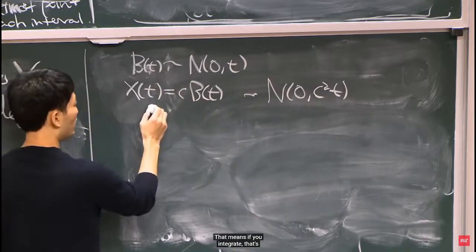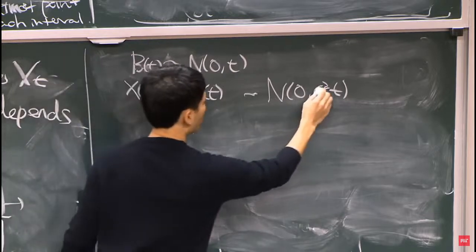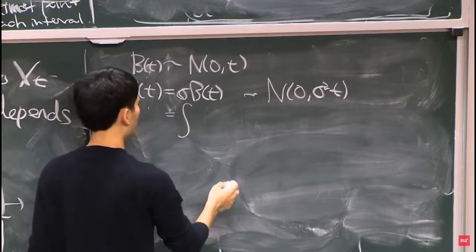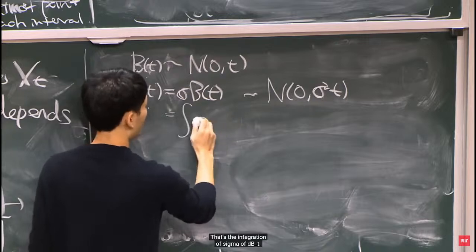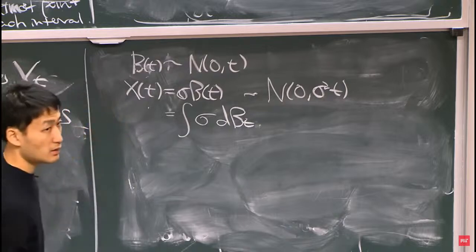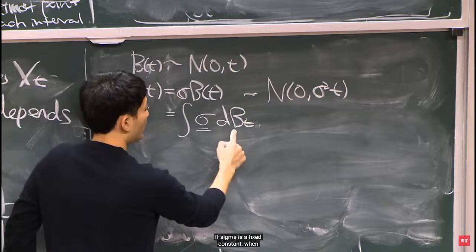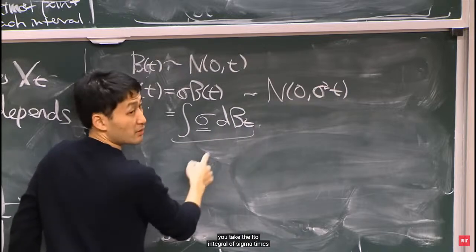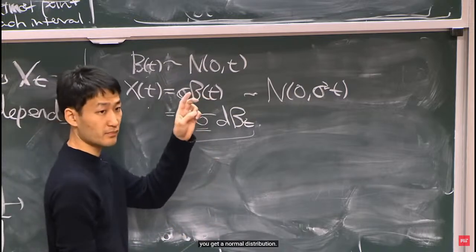That means if you integrate sigma dBt, if sigma is a fixed constant, when you take the Ito integral of sigma times dBt, at each time you get a normal distribution.